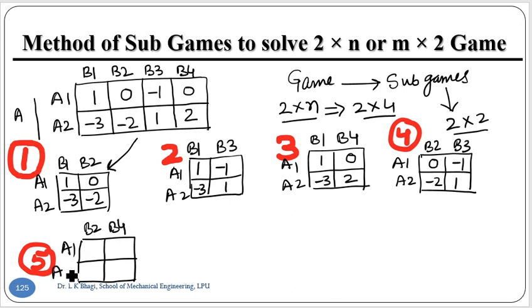It is the same a1, a2. Now b2 over here is 0, and b4 is 0, minus 2, and 2. Now one another combination is possible, b3, b4.